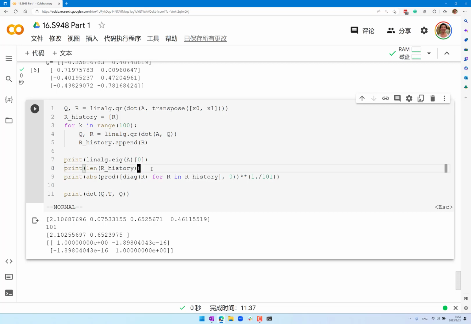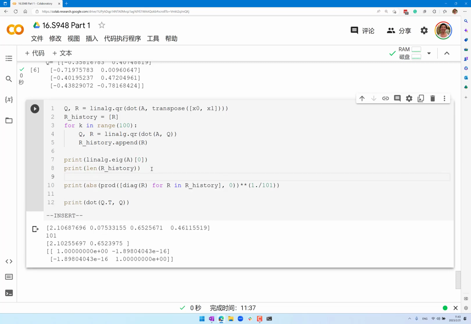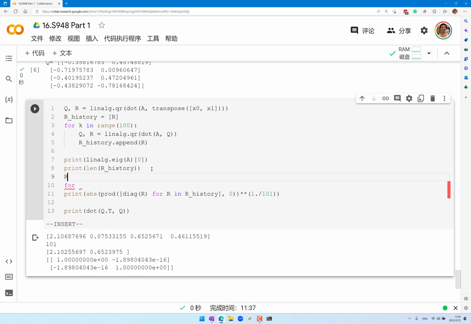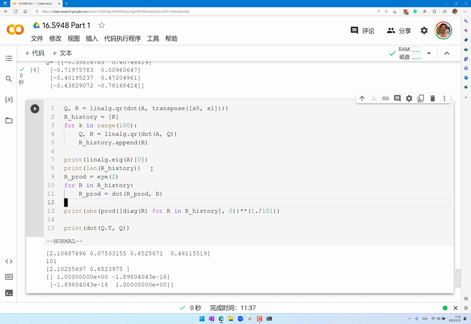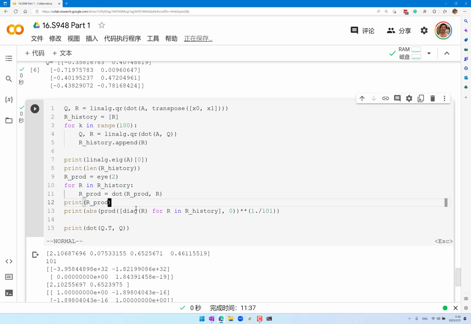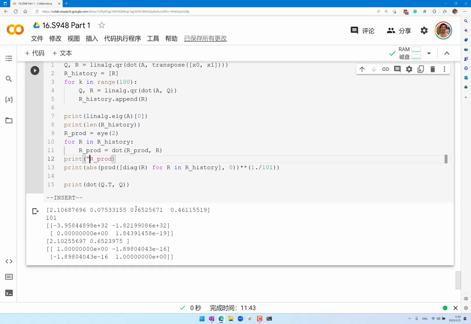But it is actually the same as, for example, let's say R product is equal to an identity matrix 2 by 2, for R in R history, R prod is equal to dot of R prod and R. So basically we are multiplying R's in a series. Okay, and then you print the R product. Actually, denote what we are computing.